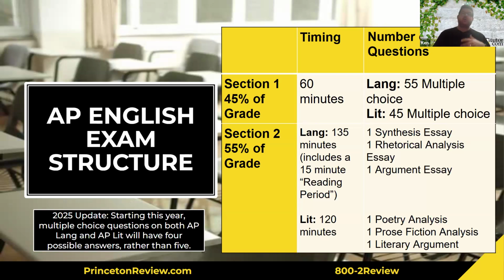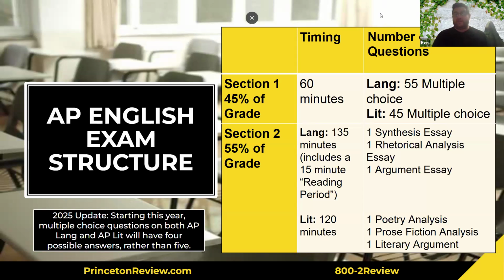And in literature, 2 of those passages will be prose, so like non-rhyming fiction, like Catcher in the Rye and Great Gatsby and all of those. 2 of them will be poems, and one of them may be a third poem or prose, or could be informational.